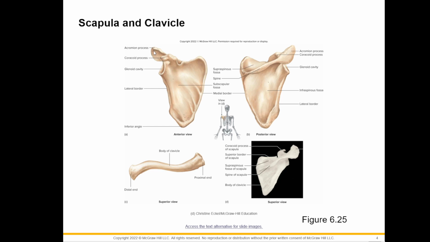All right. So here we have the anterior view, and this is the posterior view. We also have the glenoid cavity, also known as the glenoid fossa, and it is here that the upper limb would attach. This cavity is where the head of the humerus would attach.